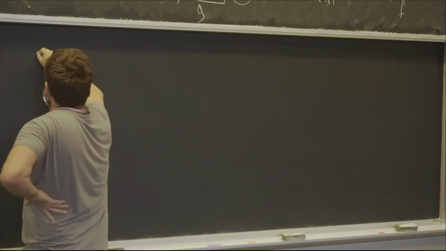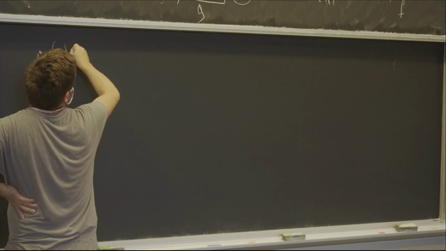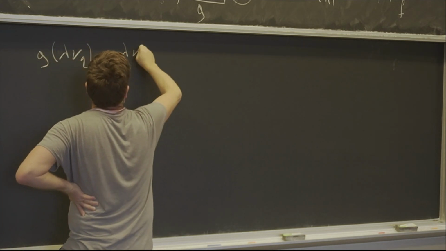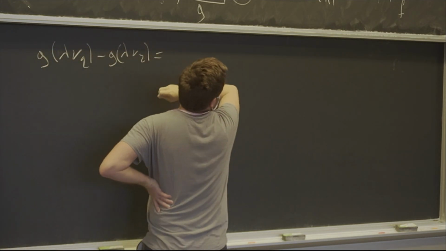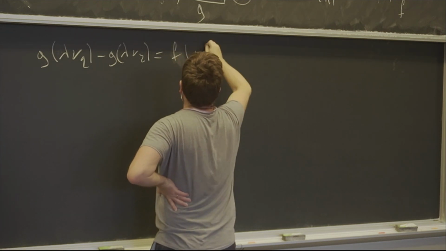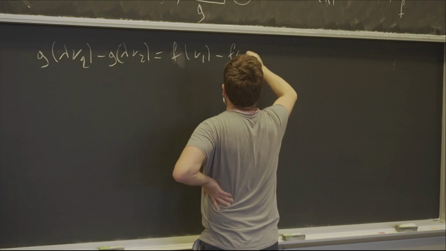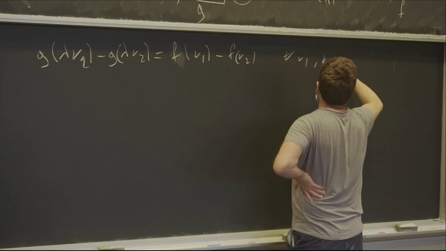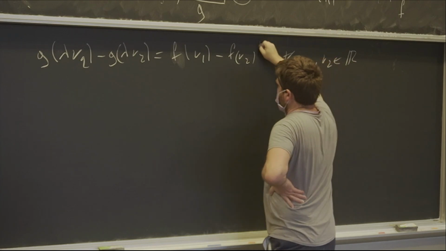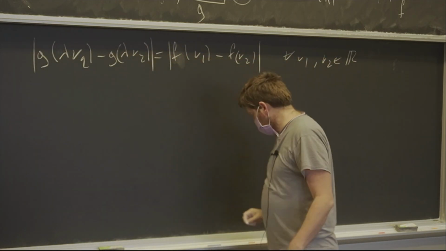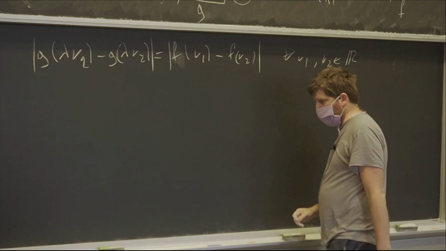So we have that G of lambda b1 minus G of lambda b2 is equal to F of b1 minus F of b2 for every b1, b2 in R. So now I just do my identification with R. That's what we have.